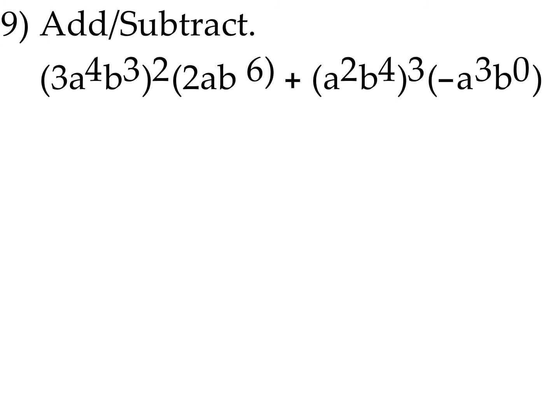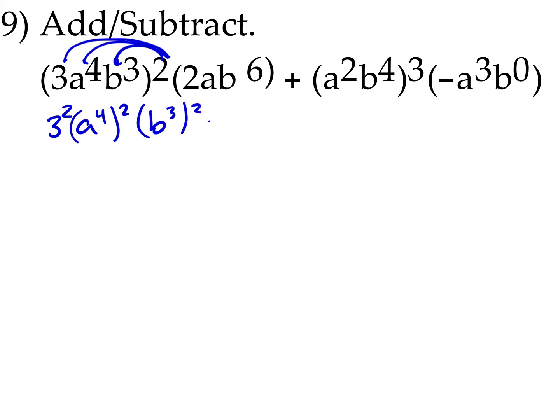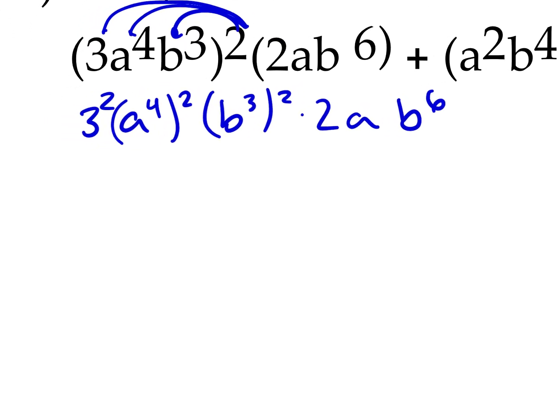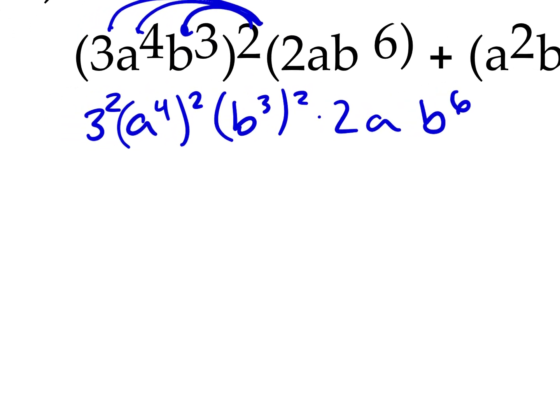What should I do first for 29? Distribute. So 3 squared a to the 4th power squared b to the 3rd power squared times 2ab to the 6th power. So I'm just looking at the left side for now. So 3 squared is 9. What is a to the 4th power squared?